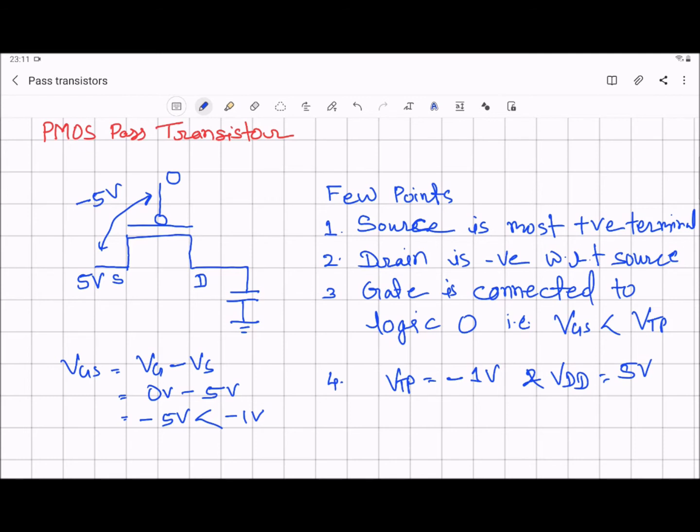So voltage across the capacitor is going to increase. As voltage across the capacitor reaches 5 volt, there is no change in the value of VGS, that is always fixed to minus 5 volt.